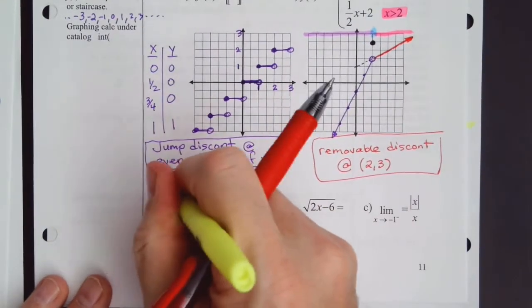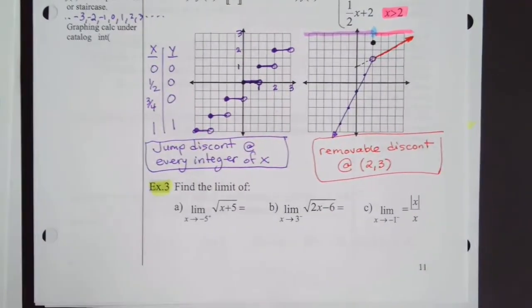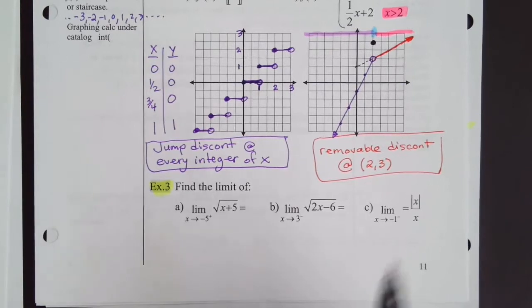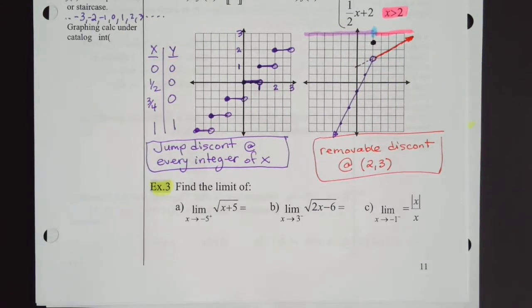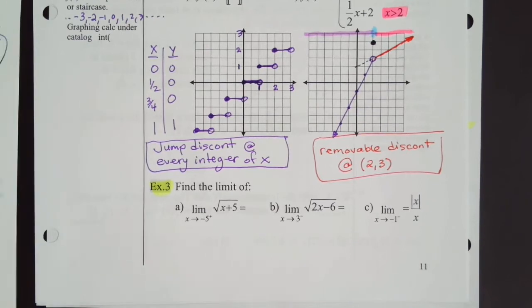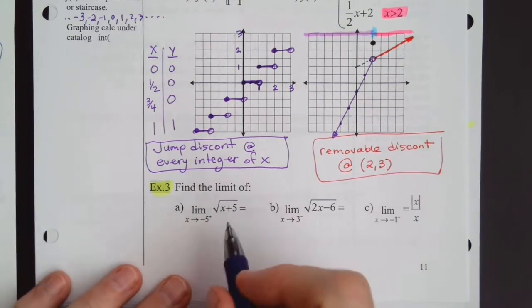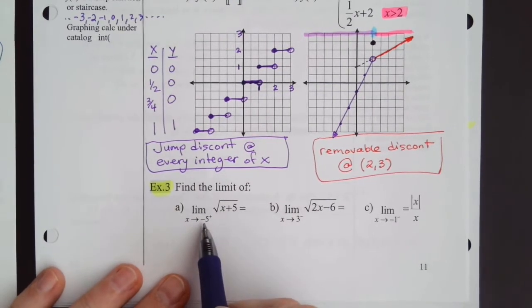Test question. So this is more numerical analysis. In numerical analysis, some students get confused by this, so I'll try to be as clear as possible. What we want to do is approach -5 from the right.